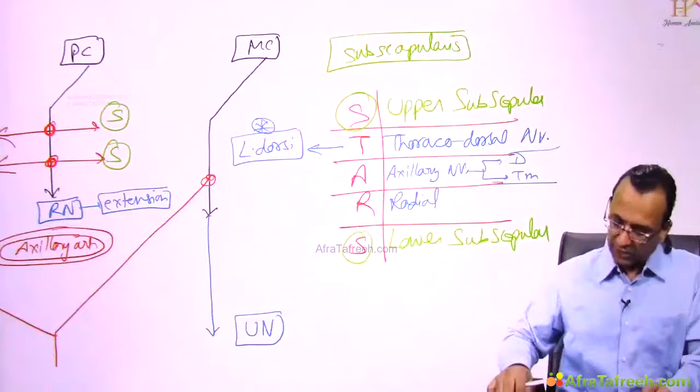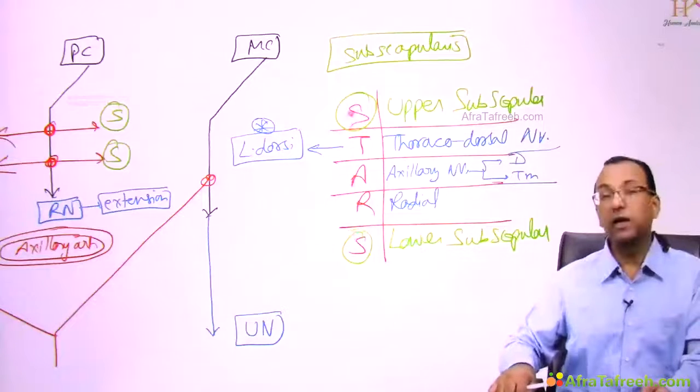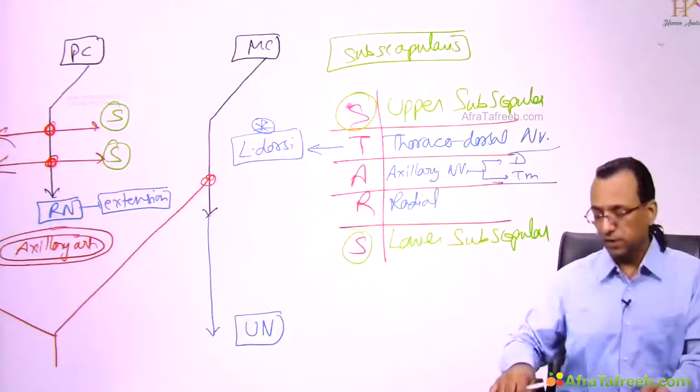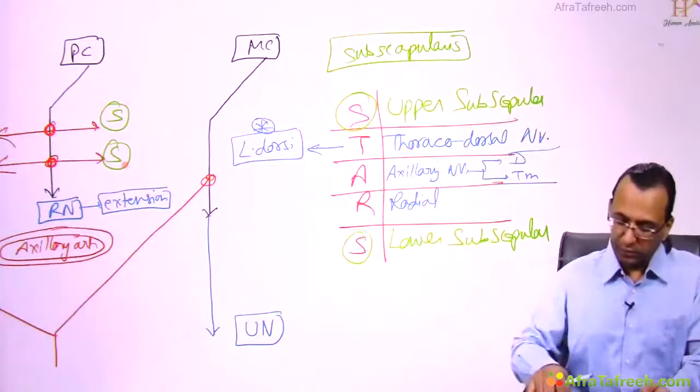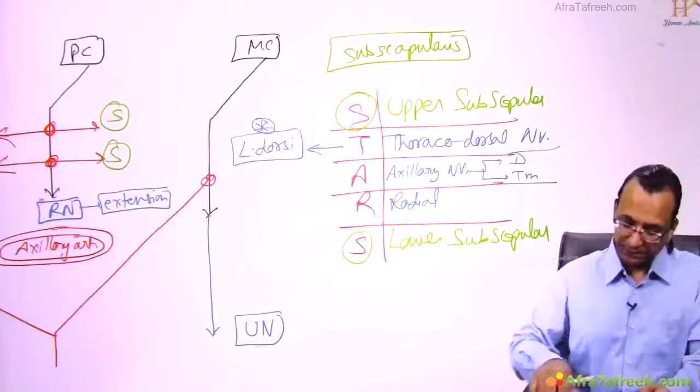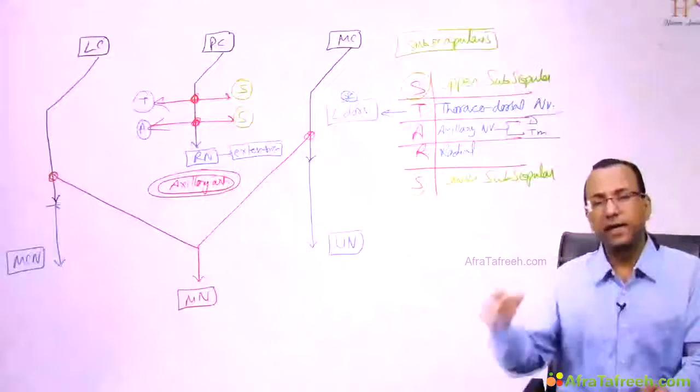Can we discuss the stars again in a diagram which the examiner gives us in a dissected specimen? So let us discuss the stars, the 5 branches of the posterior cord of the brachial plexus, in another diagram.